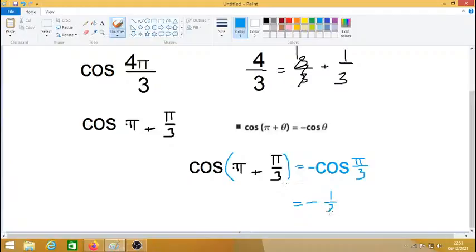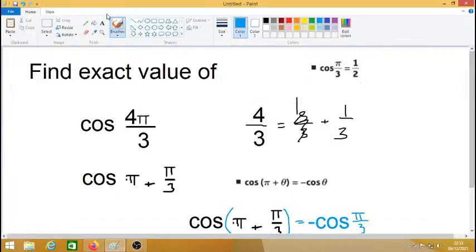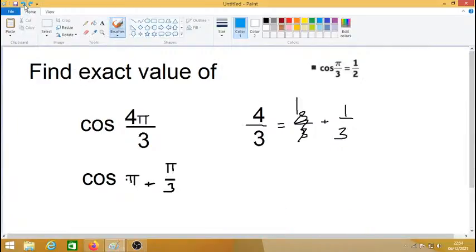Okay, let's just quickly review that. So first step was to take 4 pi over 3, the angle that you're given in the question, try to look at the trig ratio you're using, which is cosine, and try and think how can I split that so that at least part of it is similar to the ones that I know.